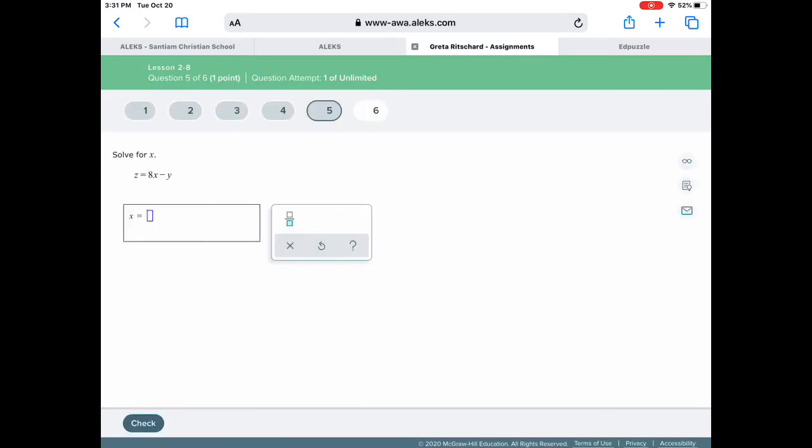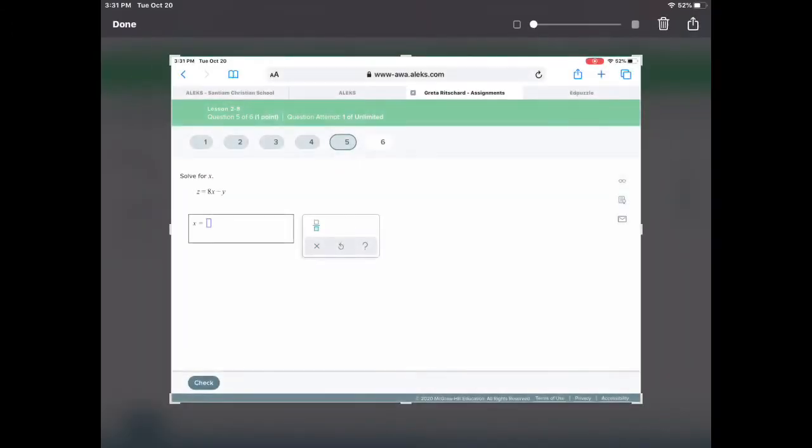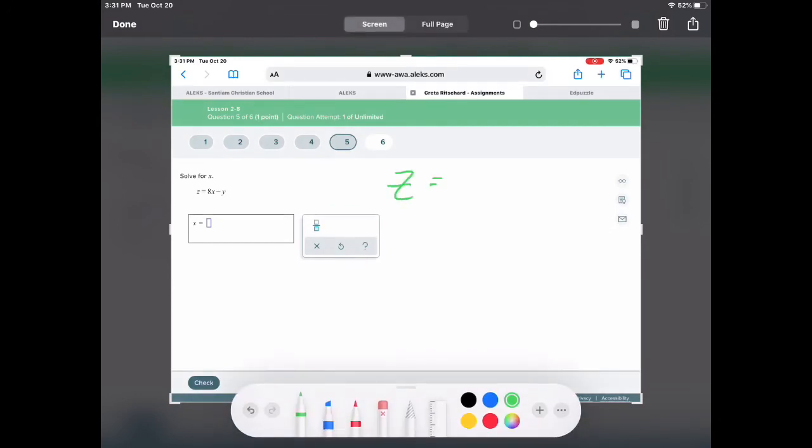In this problem, we're going to solve for x. We have z equals 8x minus y. And just like we would solve an equation, we're going to kind of work away from the x first. So way out here where we have the minus y, we're going to plus y, which will cancel that. We have to do that over here.